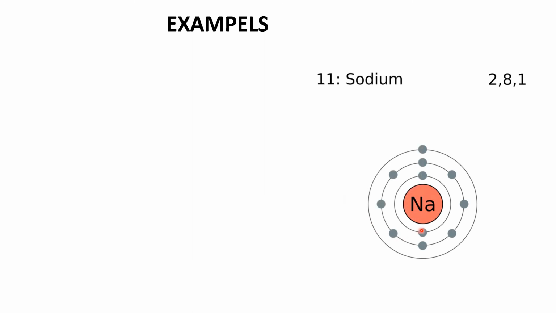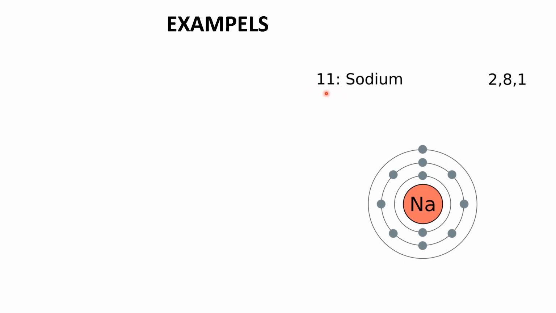There are some examples. The first example is the sodium atom. Sodium atom has atomic number 11. So the number of electrons is 11, because the atomic number equals the number of protons, which equals the number of electrons.